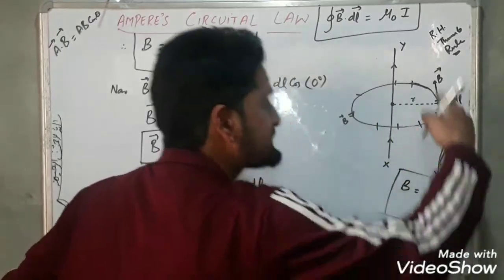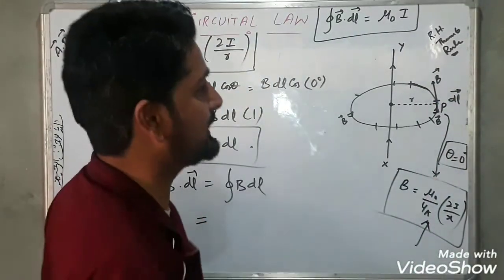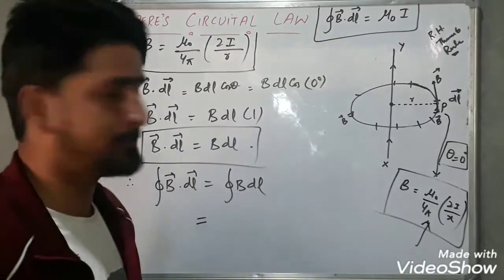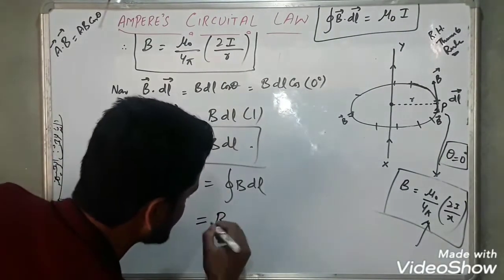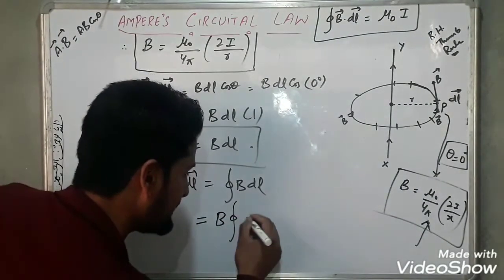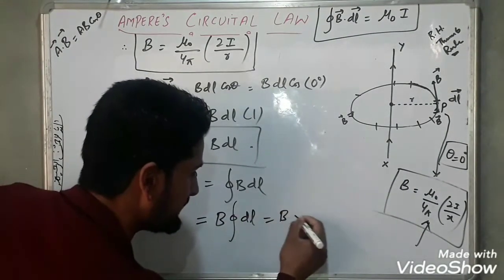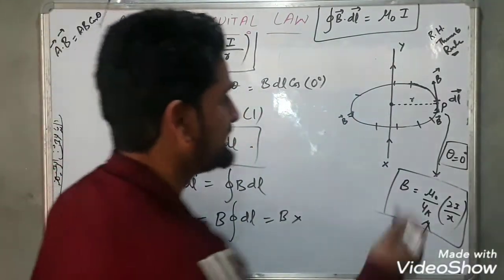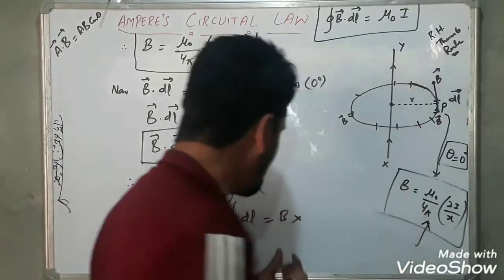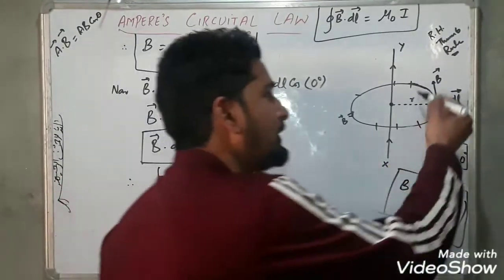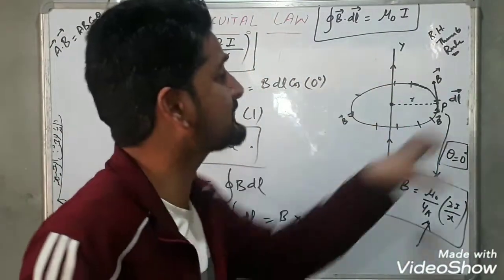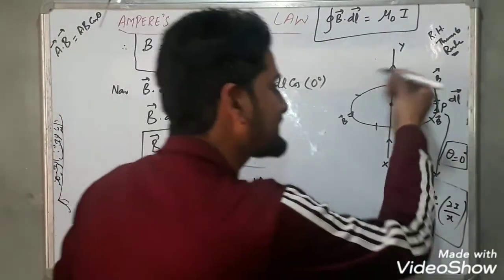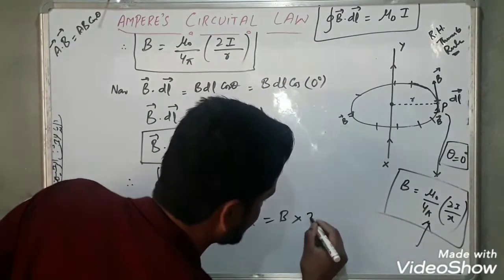At every point on this ring, the magnetic field is constant, its value is mu naught by 4 pi, twice I by r, and you can take B out of the integral. Here it is the integral of dl, so that is B into the integral of dl. The sum of all these small elements will give the total length of this loop, and that total length will be the circumference. What is the circumference? It is 2 pi r.